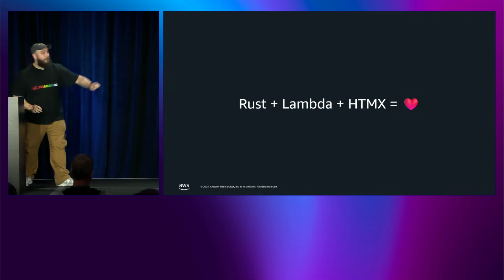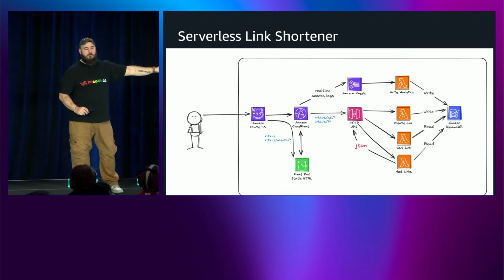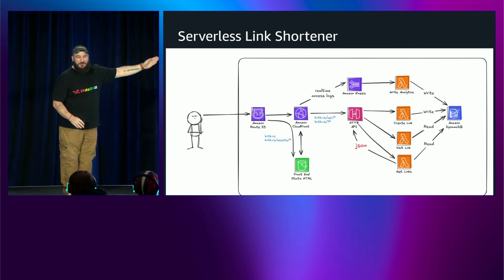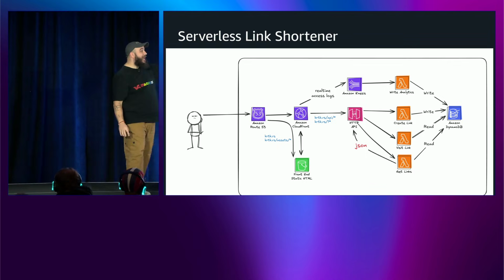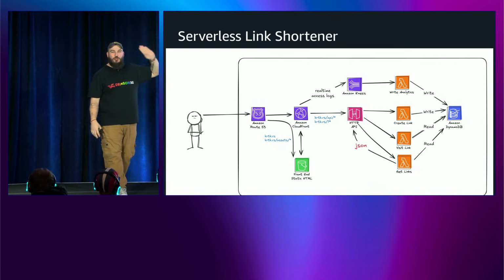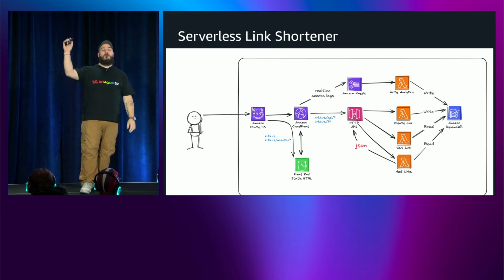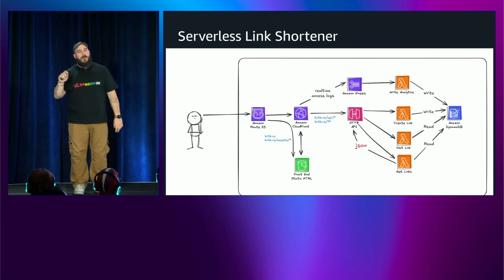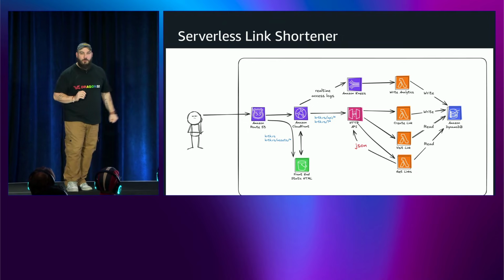I built a link shortener in Rust with Lambda and HTMX. So I have a whole stack here, from a static website to a database to a bunch of Lambda functions that do the whole thing. Beyond HTMX, there's no JavaScript involved.